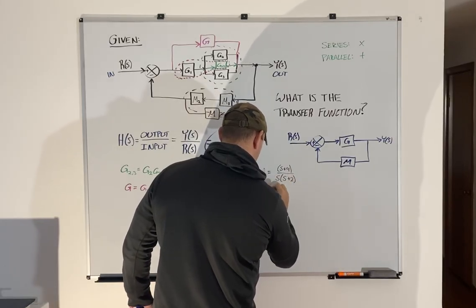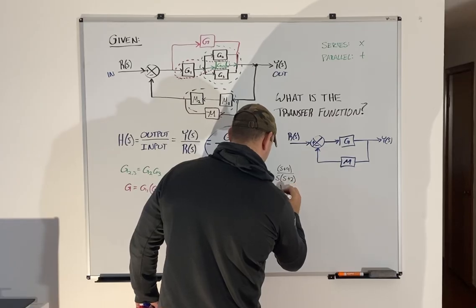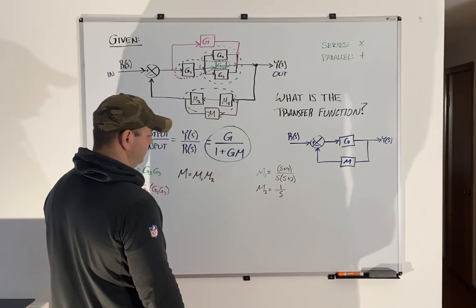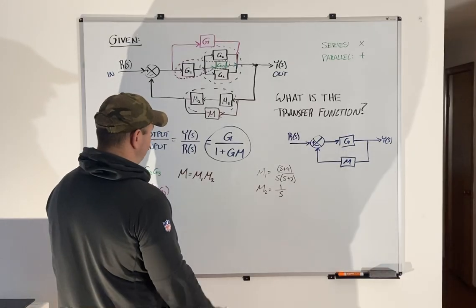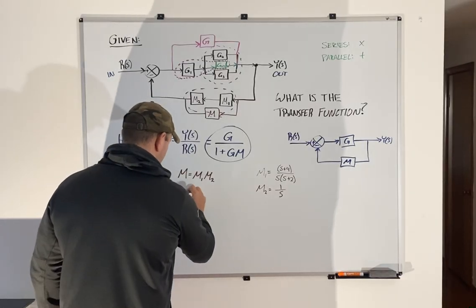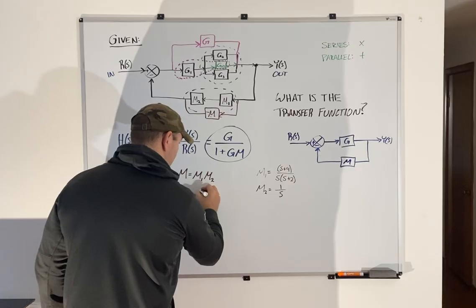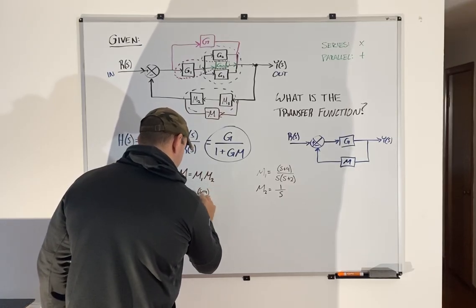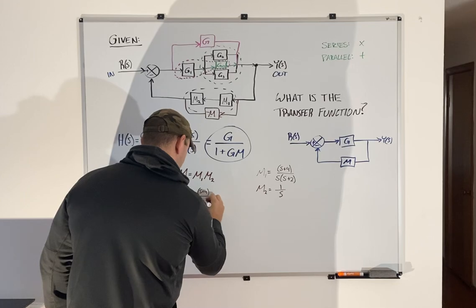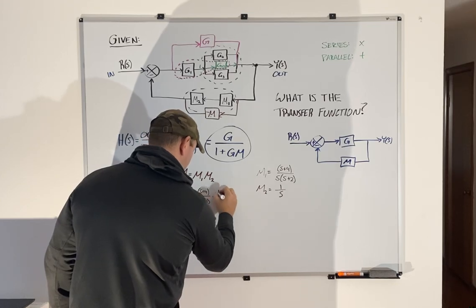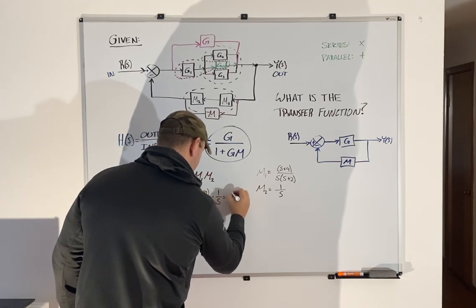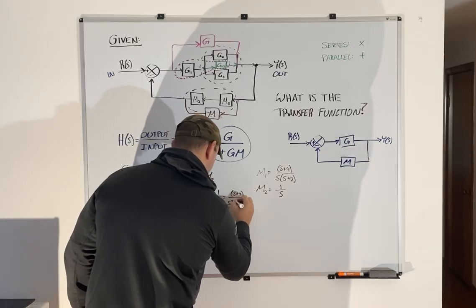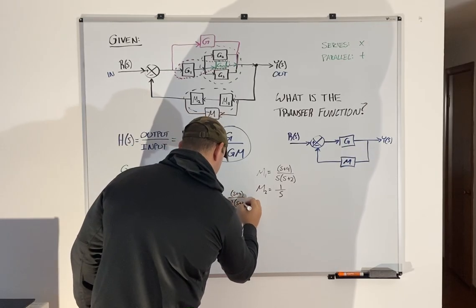And M2 was equal to 1 over S. In that case, then, M would be equal to S plus 4 divided by S times S plus 2 times 1 over S, which would be equal to S plus 4 divided by S squared times S plus 2.